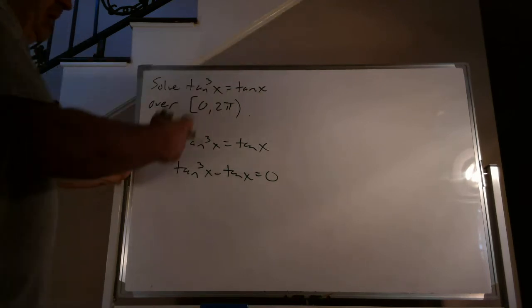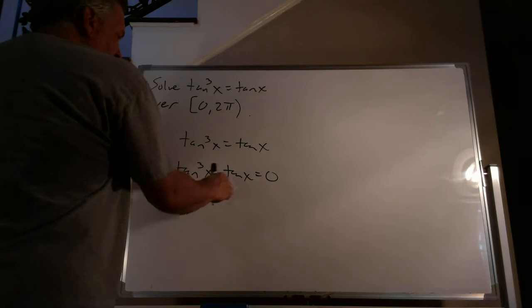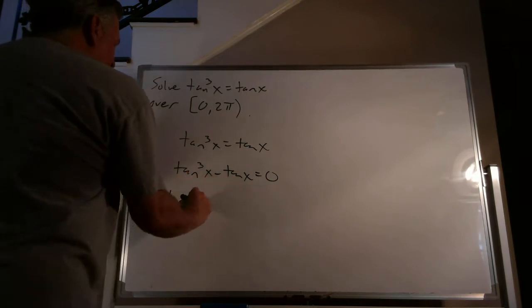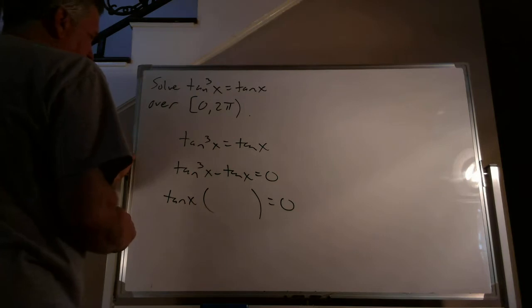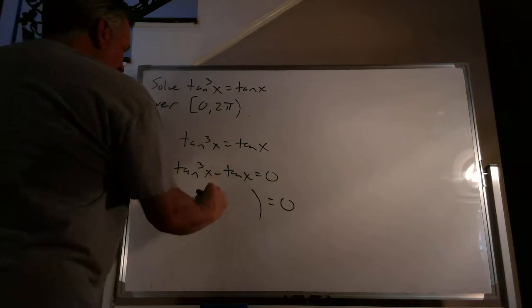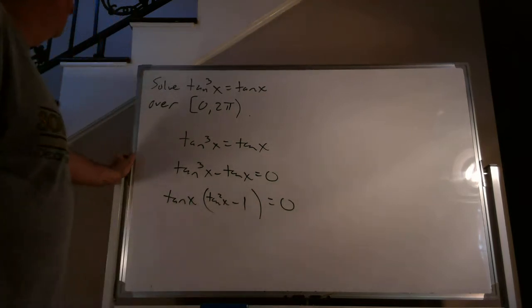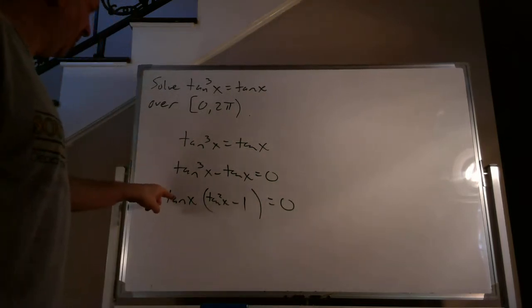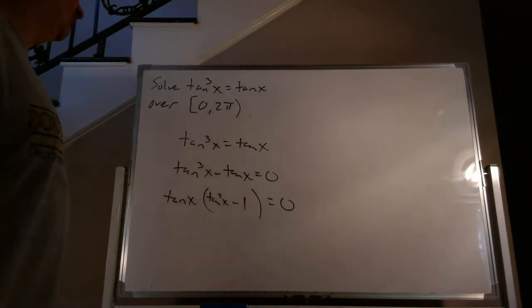So what do we do? Well, it shouldn't surprise you. I'm going to do what I did before. Let's try to factor. First step in factoring is pull out the greatest common factor, which is tan x. So if I factor out tan x, I get tan squared x minus 1. Right? Always check your factoring by remultiplying. Tangent times tangent squared is tangent cubed. Tan x times negative 1 is minus tan x.